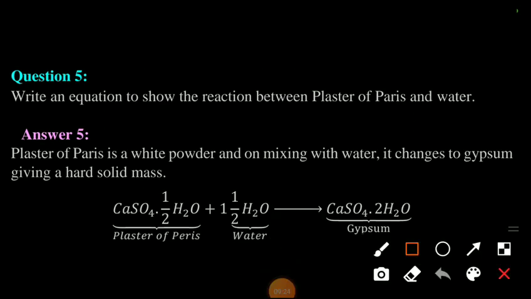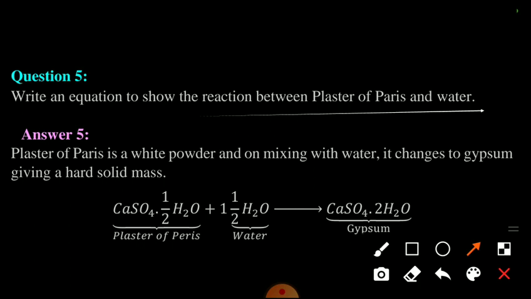The last question on page number 33 is question number 5. Write an equation to show the reaction between plaster of Paris and water. Now first of all we should know the formula of plaster of Paris, and the formula of plaster of Paris is CaSO4·½H2O, or we can say calcium sulfate hemihydrate.